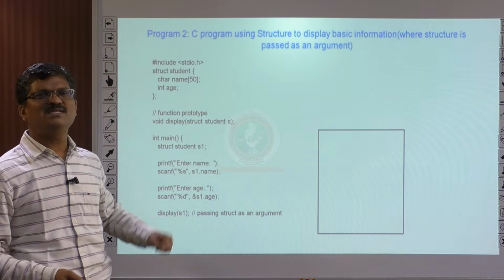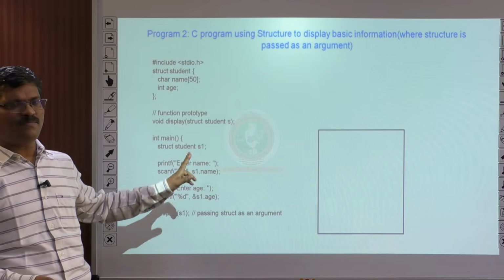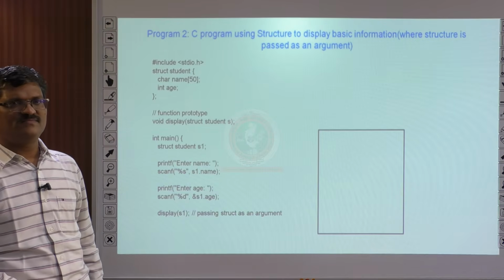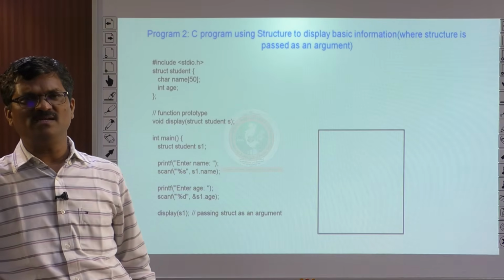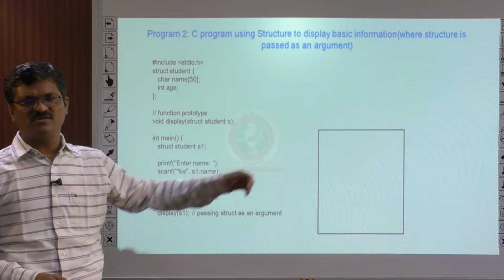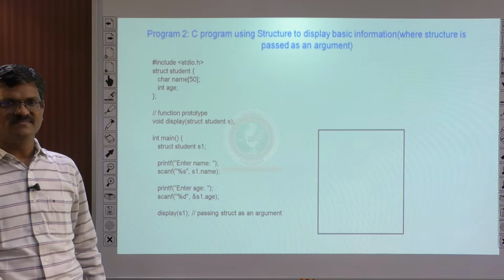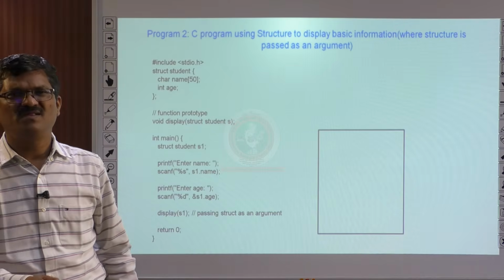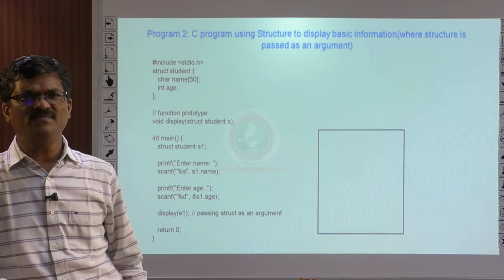And then I pass this S1 structure, and the values read are passed as structure S1, right. So, rather than passing individual members, I am passing the whole structure as an argument to the function display. Display I am defining it later, which will just display the values of the members. Then return 0, you come out of the program, by closing the program.